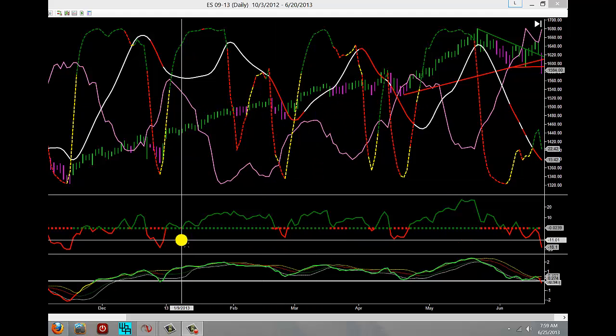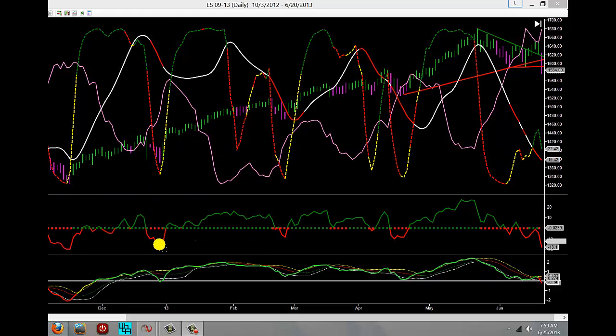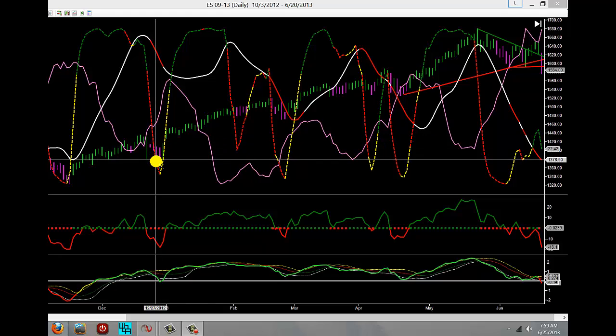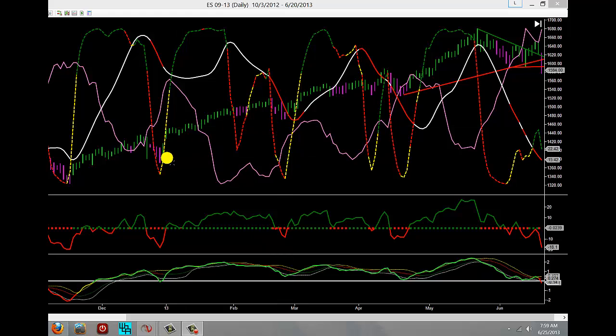You can see the DMI differential is a sensitive indicator, and it pulls back on each of these little pullbacks on this uptrend.